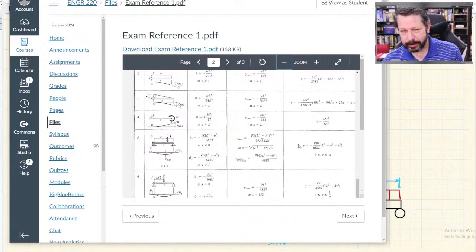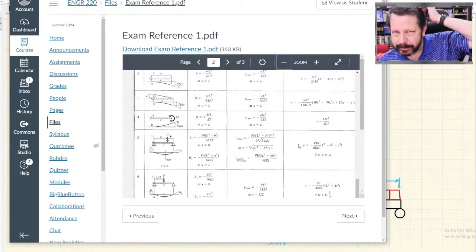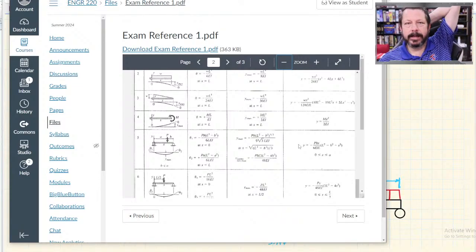Because I think the only way to do this, now there might be another way that I'm not too certain about right now, but I think the only way to do this is I need to take both of these equations of the elastic curve, add them together, and then find their inflection point.